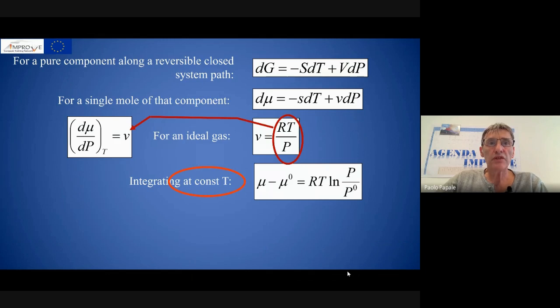From the result of the integration, we obtain an expression for the change in chemical potential of a pure ideal gas along an isothermal path.